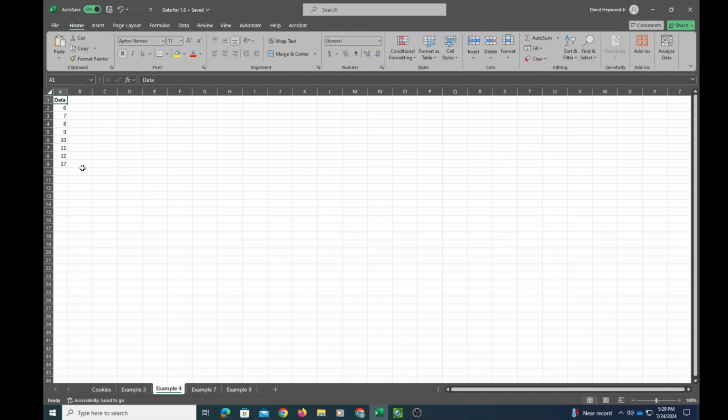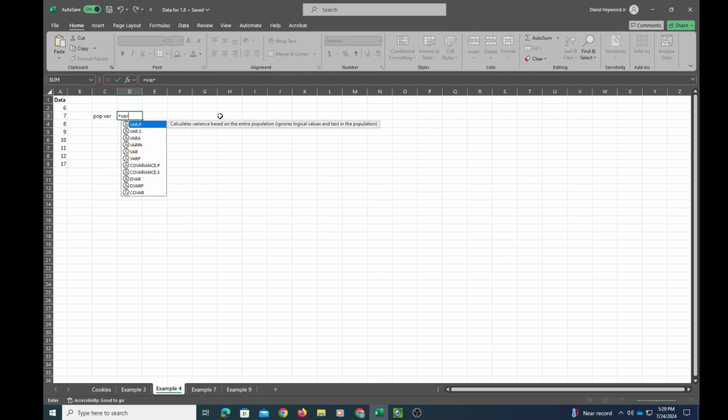So this is example 4. Let me just label it population, we'll say pop variance. So the population variance is equals var.p of this data set.